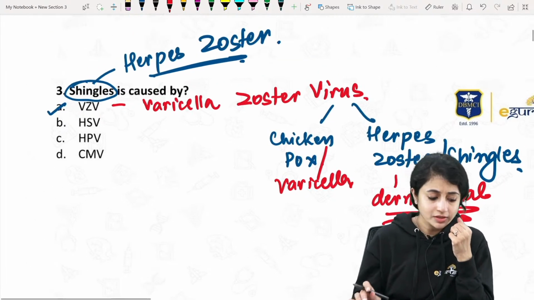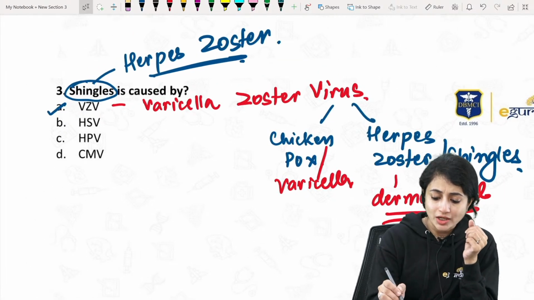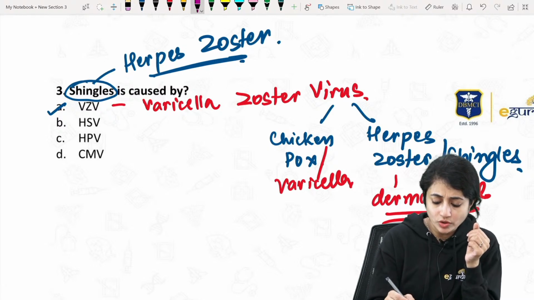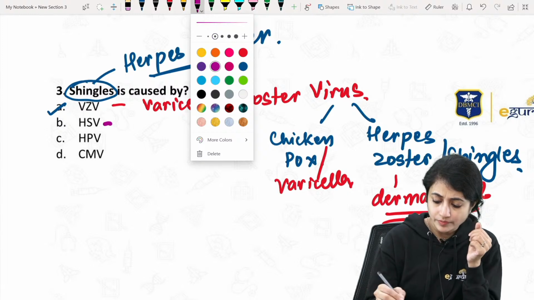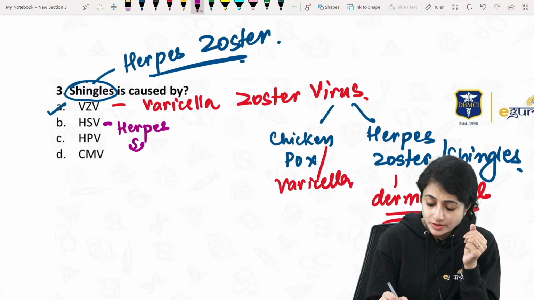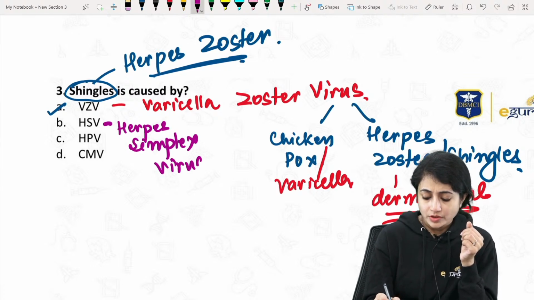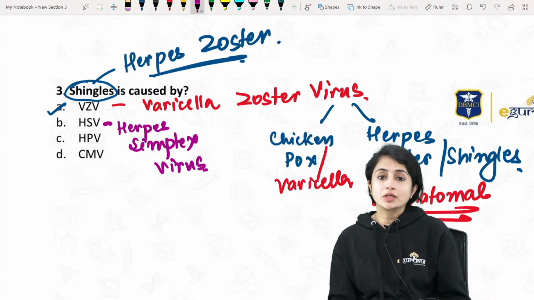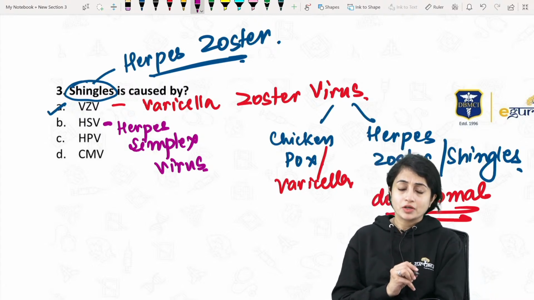What are the other viruses that have been given here? HSV. What does HSV cause? This is herpes simplex virus. Don't get confused. Herpes zoster is different and herpes simplex is different.